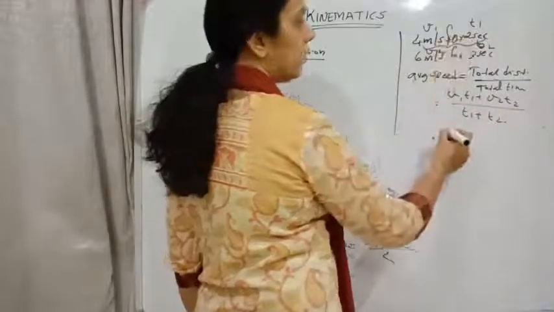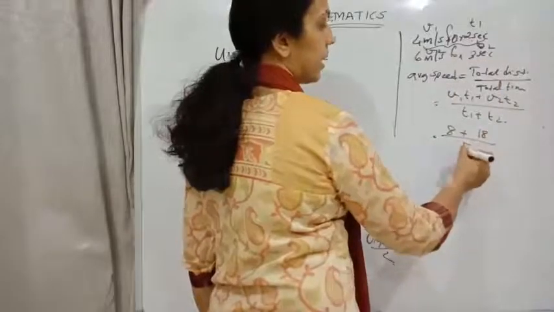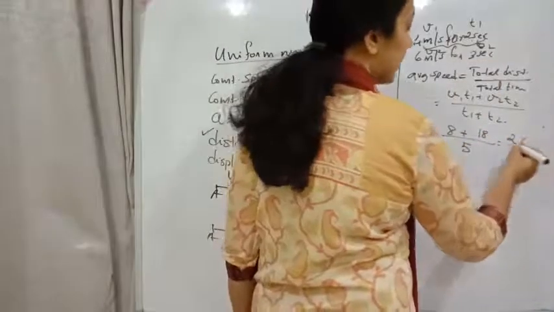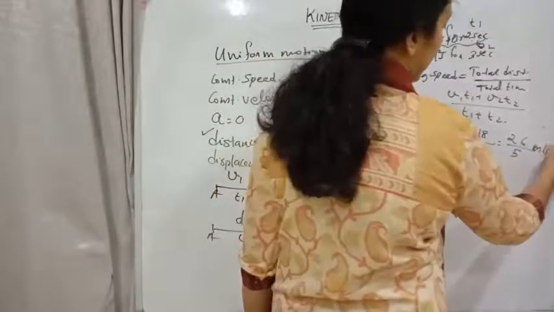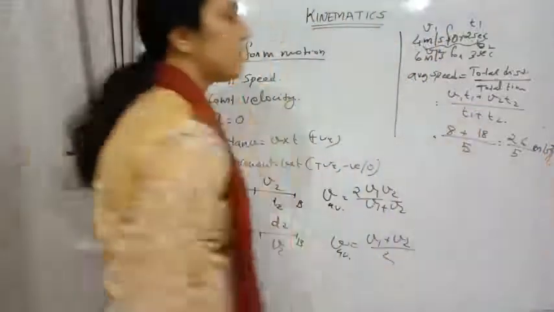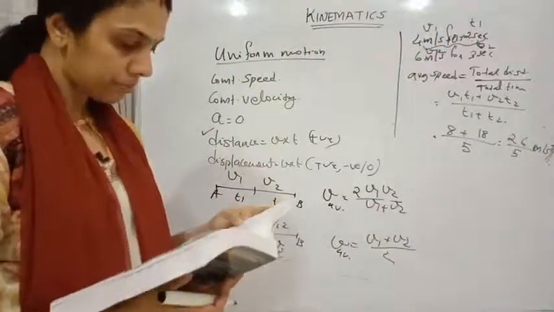So 4 into 2, 8. 6 3s are 18, divided by 5. So you will get the answer as 26 divided by 5 meter per second. Okay, this will be the average speed. This is how we will find out.